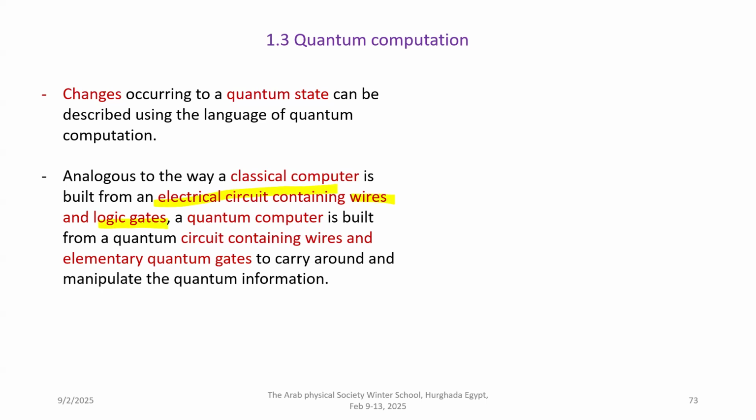So when you design a classical computer, you need a circuit that has wires and classical logic gates. While when we talk about a quantum computer, we have wires and what we call elementary quantum gates. The quantum gates are the building units for a quantum computer. Using those quantum gates and wires, we can manipulate the quantum information.